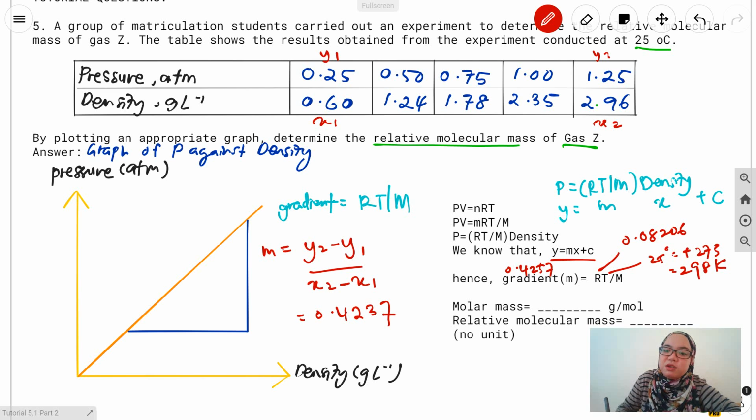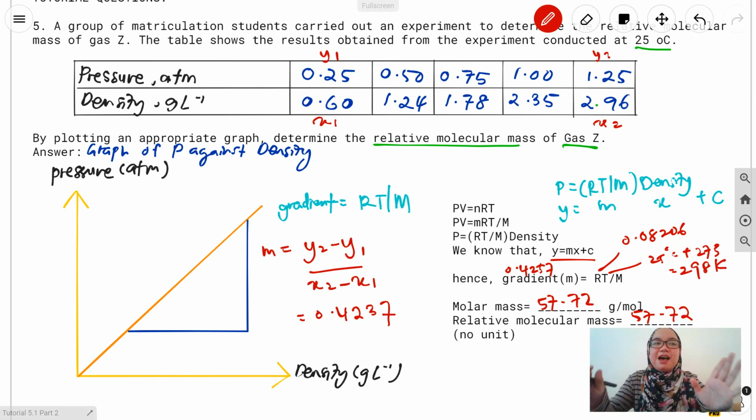So when you substitute everything, you will get molar mass equals to 57.72 gram per mole, and the relative molecular mass is 57.72.